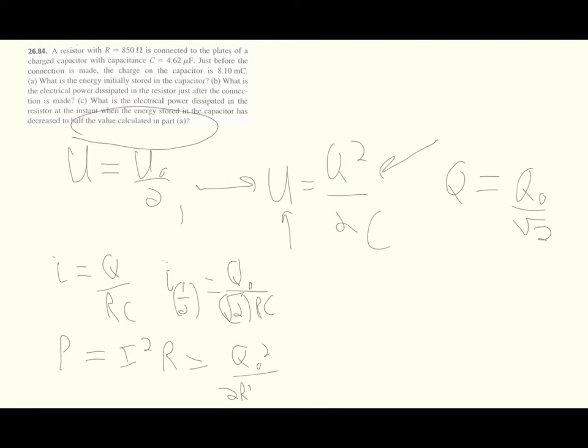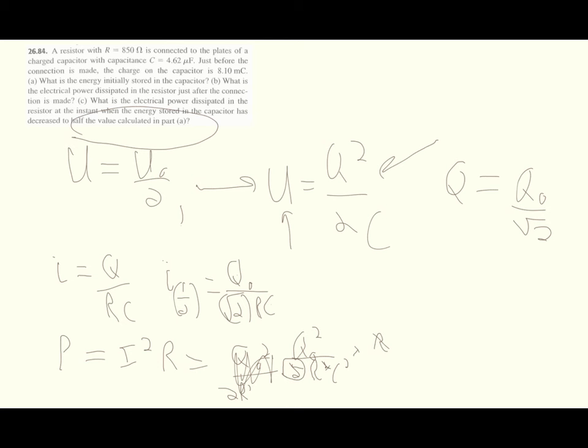Let's rewrite it over here. Q squared over 2R squared C squared times R. So one of these goes away. Now before that would have been Q squared over R squared C squared times R. We have an extra half. So it's going to be half of what it was before because we have this extra 2 over here.